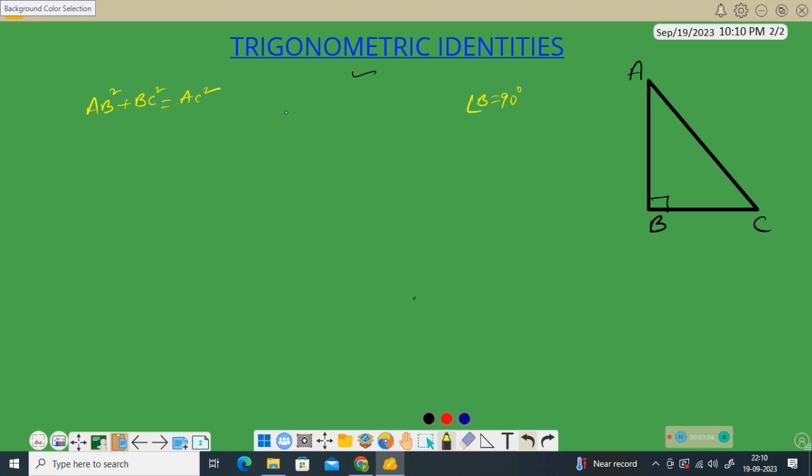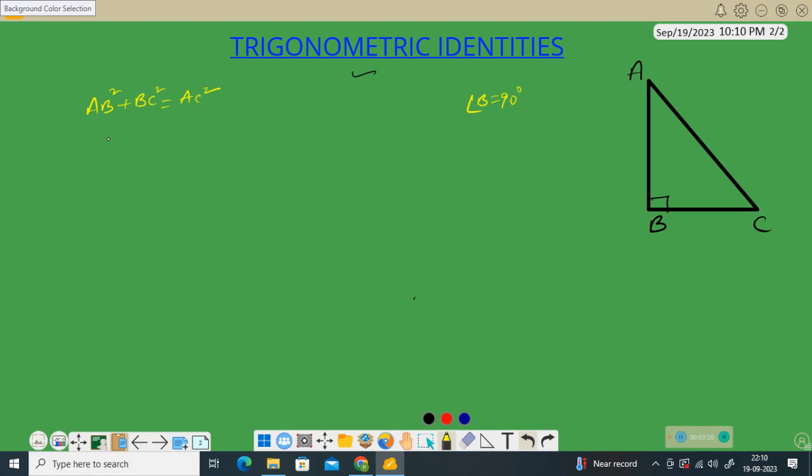The square of the hypotenuse is equal to the sum of the squares of the remaining two sides, which is the Pythagoras theorem statement.